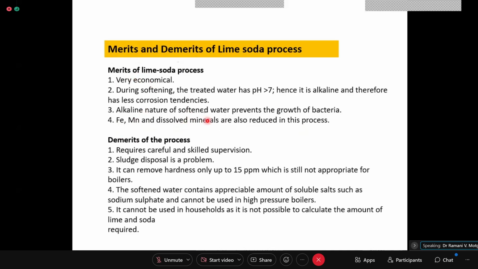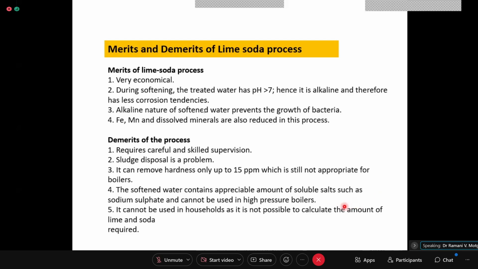We have seen the reactions between salts of Fe and Mg. Similar reaction with Mn also takes place and it removes that. So coming to the demerits, the softened water contains appreciable amount of sodium salts. Sodium salts are there because you are removing a number of things. NaCl is incorporated.